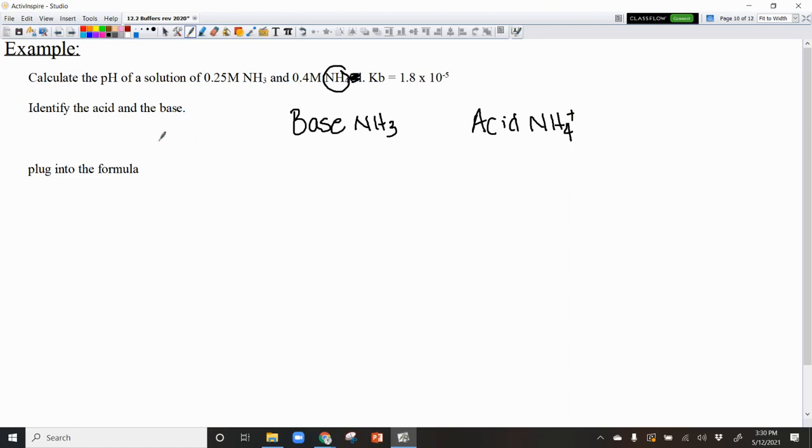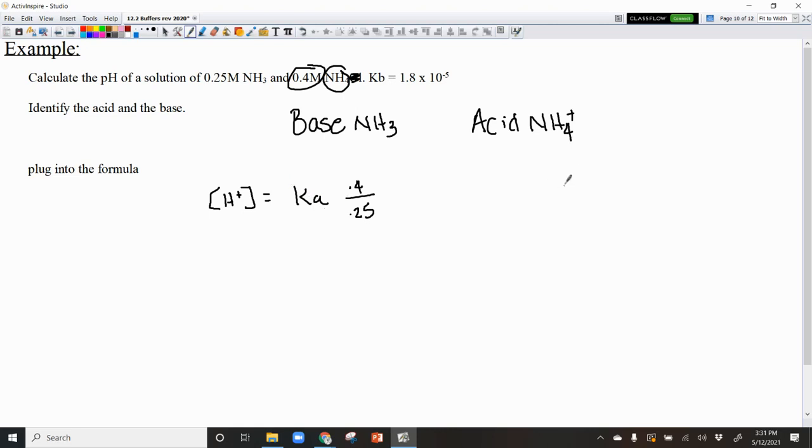All right. So plug it into the same formula. We have the concentration of the hydrogen is equal to the Ka times the acid concentration. Okay, so the acid concentration is 0.4 over the concentration 0.25 of the base, but we need the Ka and we have the Kb. So how do we do this?